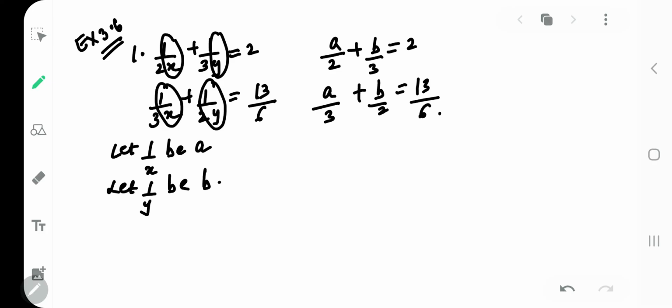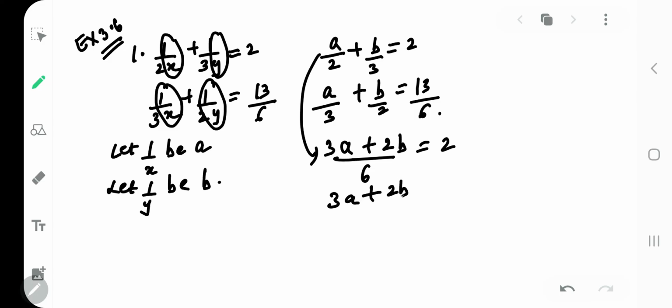Got my point clear? Now my dear kids, as you take the LCM, you will get something like this. So that will be your equation number 1.